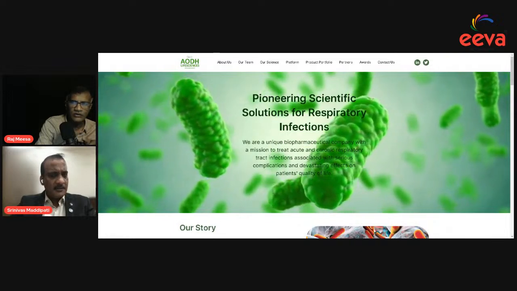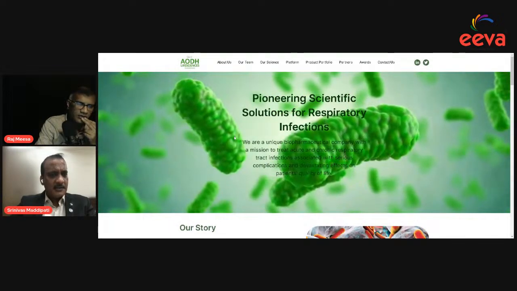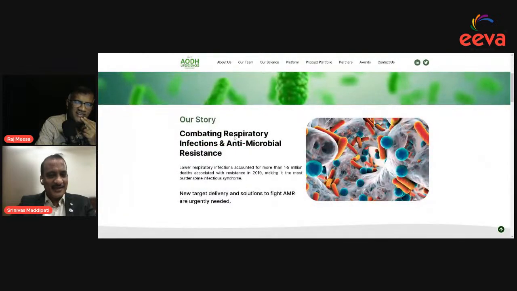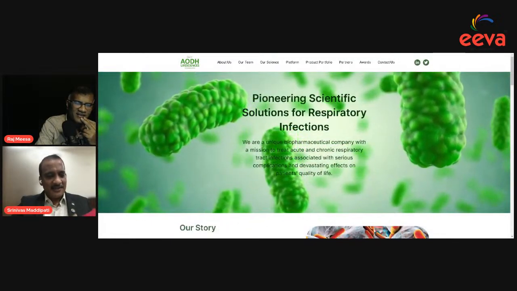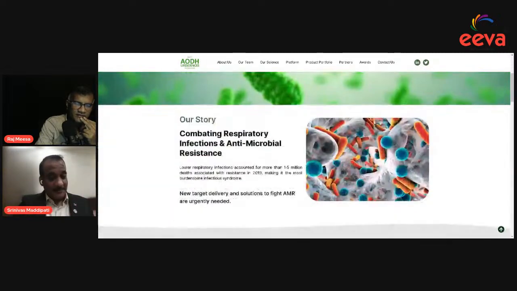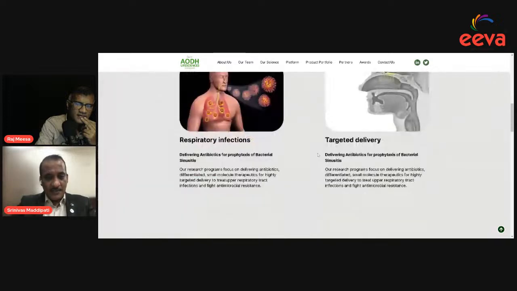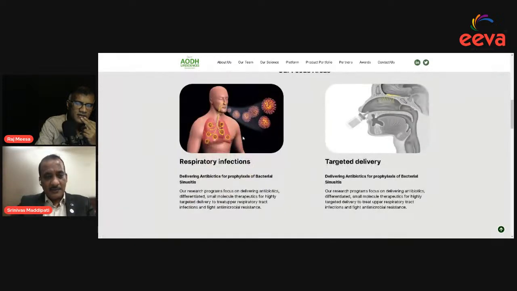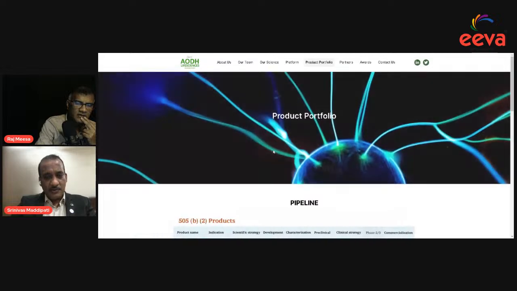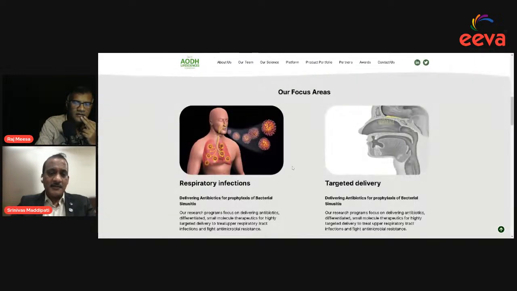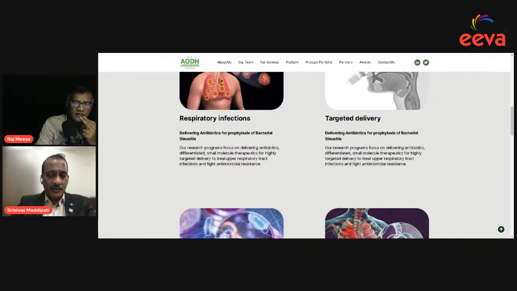I wonder what they create. This reminds me of some vaccine related to COVID. Yes, for respiratory infections. They have two patents granted, actually four patents granted, for a new approach. The second one, the right side one, is targeted delivery through the nasal route.